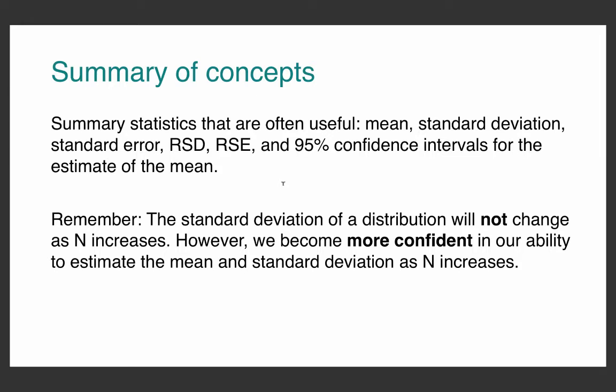Remember, the standard deviation of a distribution will not change as n increases. The underlying distribution has a given spread, and it's not going to change. Of course, when you're measuring the standard deviation on your sample, it may change differently because you're not choosing the whole sample, but that's slightly different.